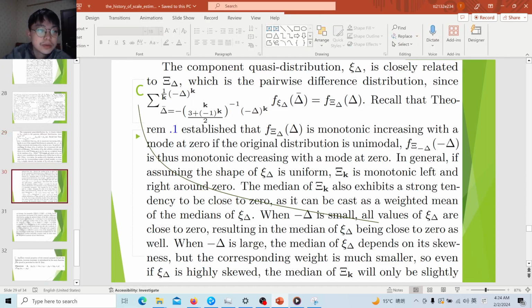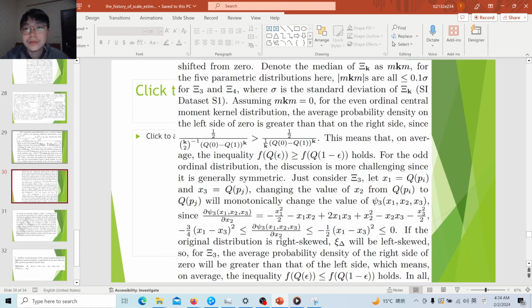And indeed, we show some examples, for example the Weibull, Gamma, log normal, and Pareto distributions, and they are all very close to zero, smaller than or equal to 0.1 sigma for the third and fourth central moment kernel distribution.